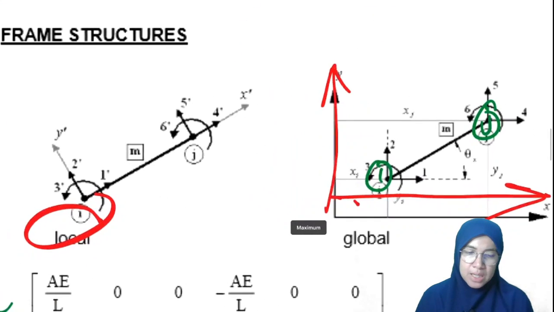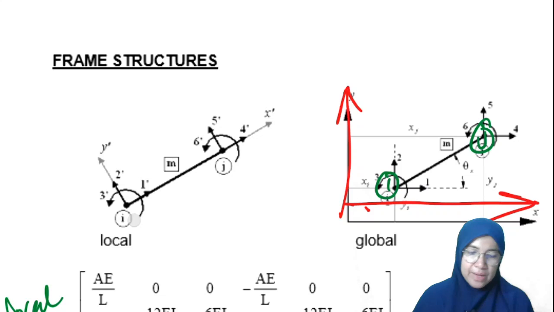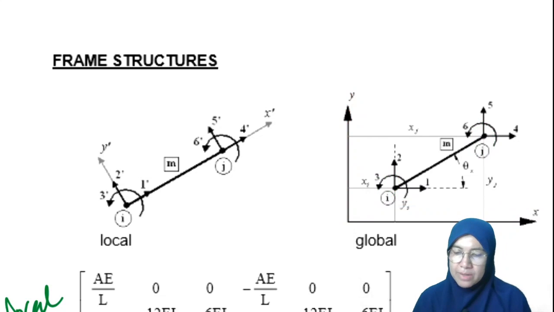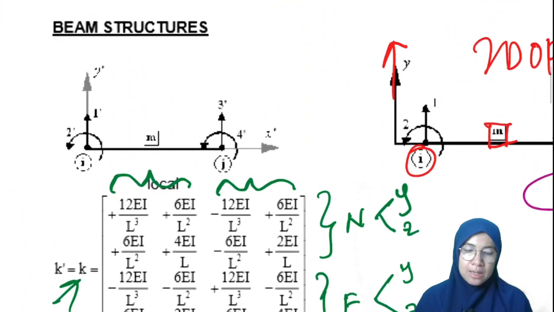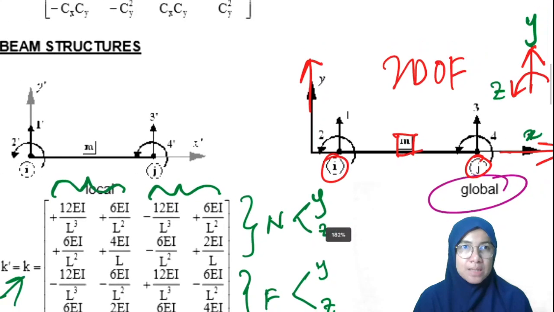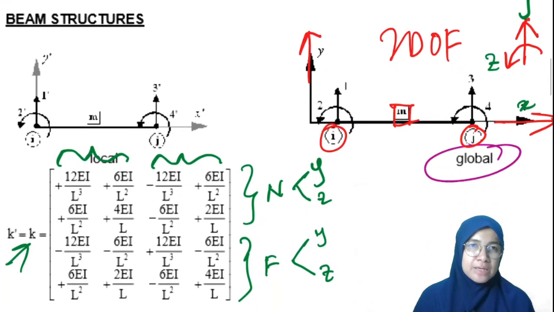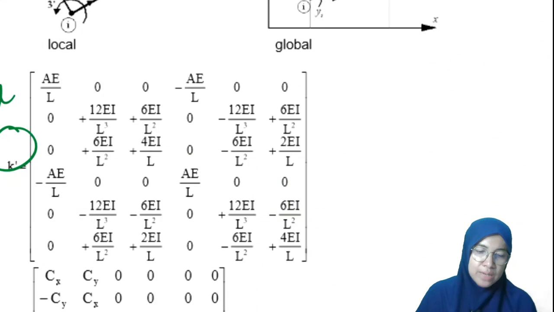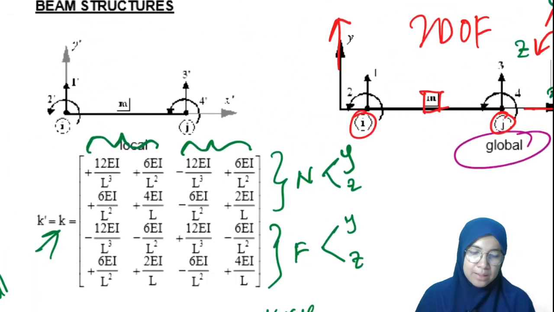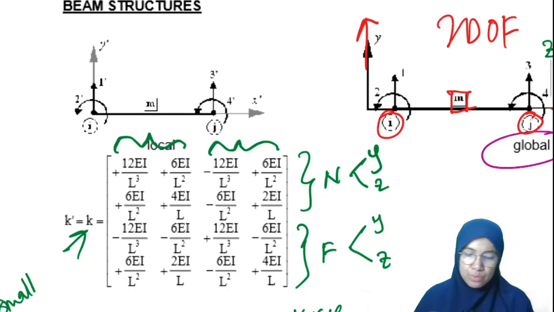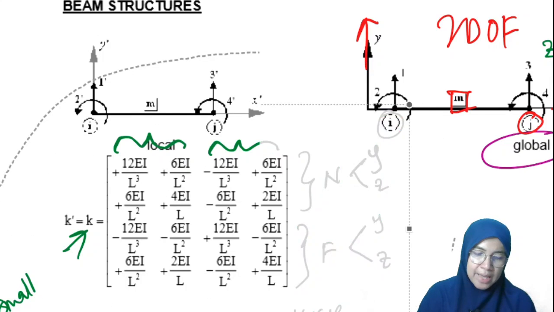Here we can see in frame it has different local and global coordinate system. Beam has the same local as well as global coordinate system, and in the formula to calculate k for beam, we don't need to calculate cx and cy.